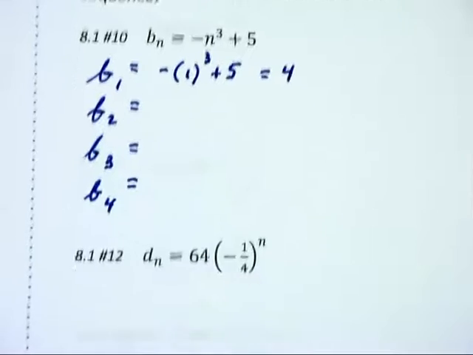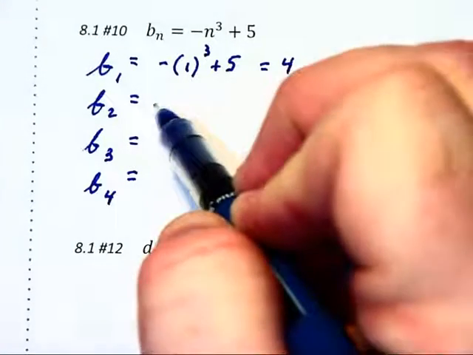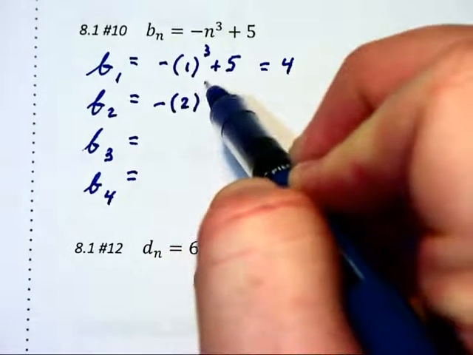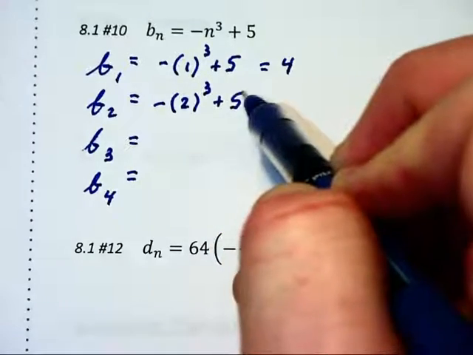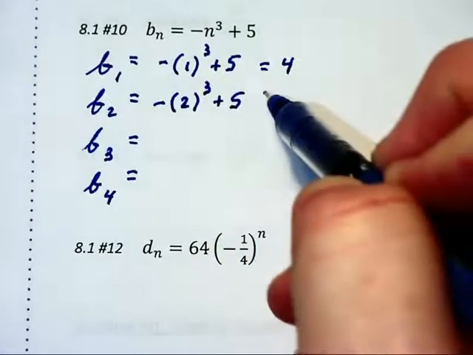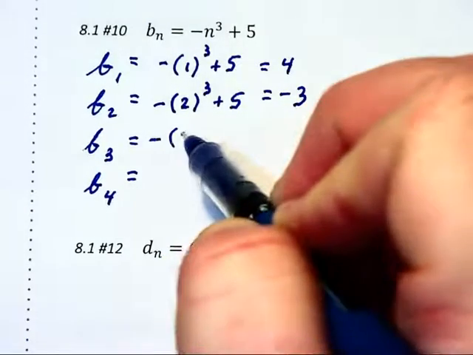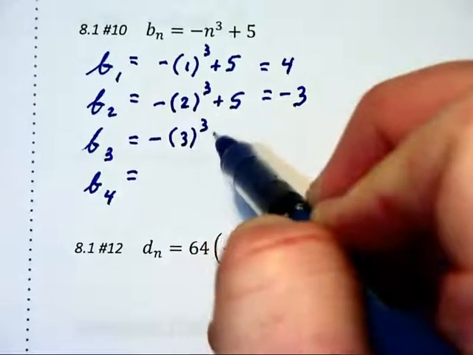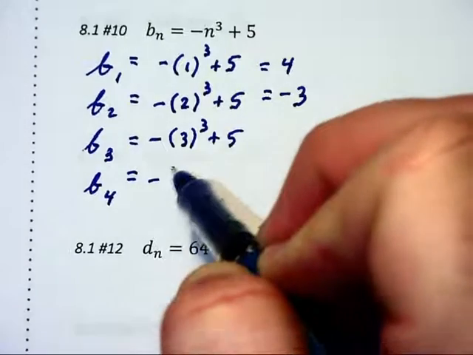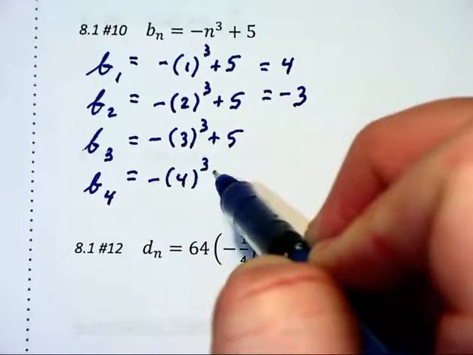To generate the second term, we will have negative 2 cubed plus 5. That is negative 8 plus 5, which is negative 3. And so on, substituting in 3 and then substituting in 4.